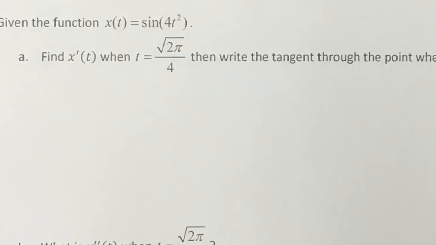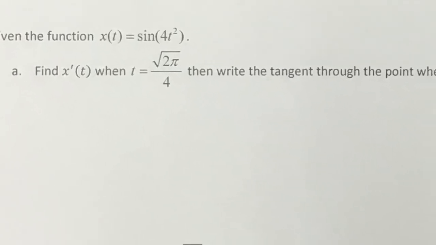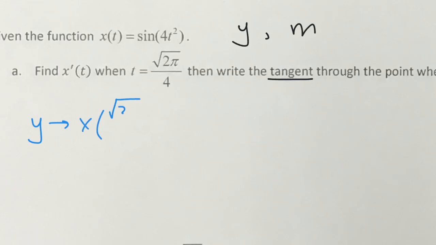Okay, moving on. Here we have a trig equation, and we want to once again write the tangent through the point. Our tangent line needs a y value, and it needs a slope. First things first, our y value comes when we plug the square root of 2 pi over 4 into our equation.